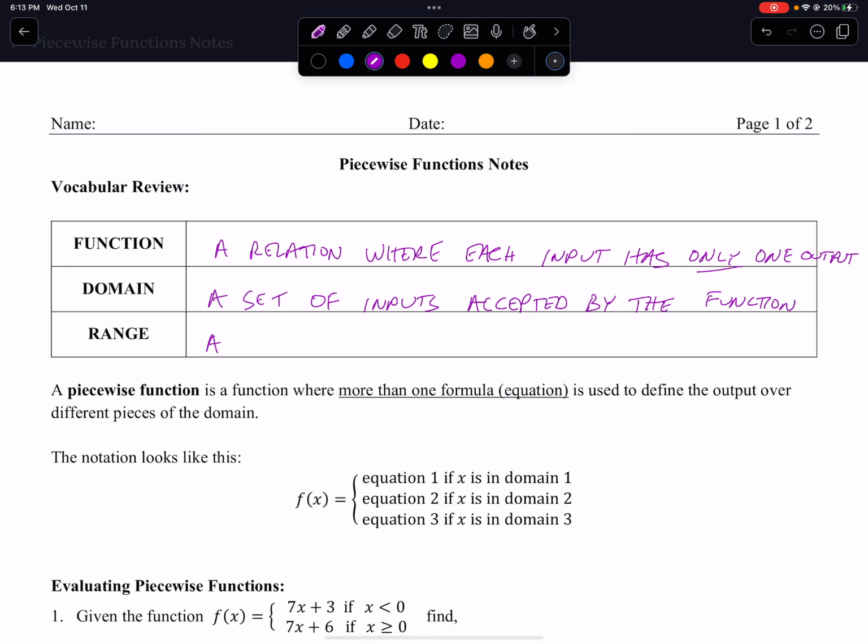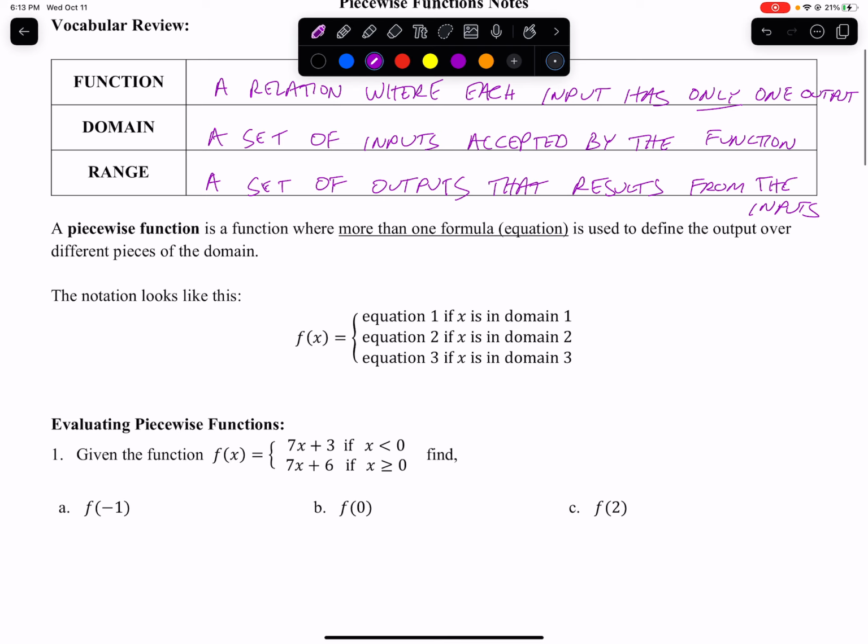Range would be a set of outputs that results from the inputs. All right, so a piecewise function is a function with more than one formula / equation.